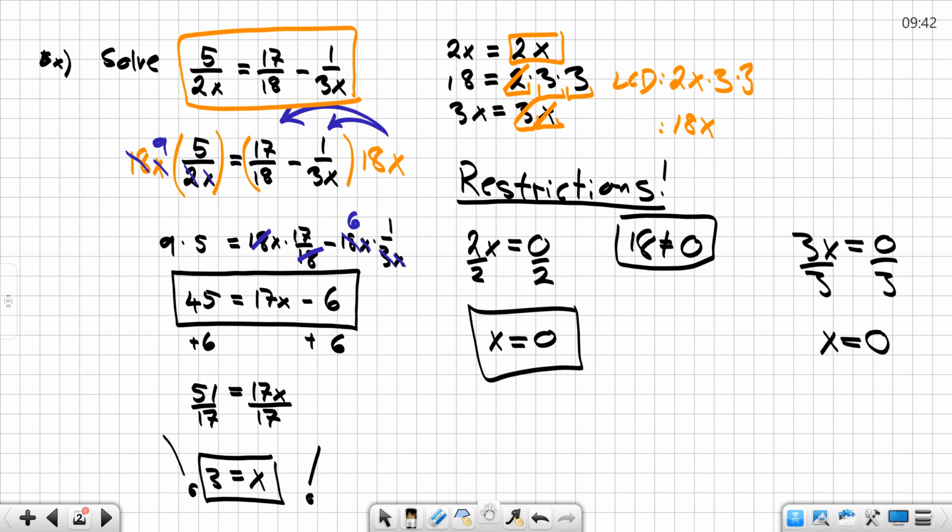And because 3 was not a restricted value, we actually have found a solution to this equation, and the solution set consists of the number 3. Always check the solutions that you find against the restrictions. Don't forget this last step.